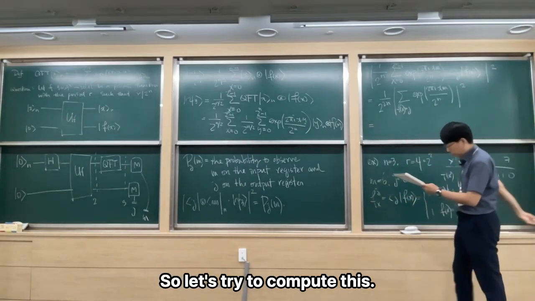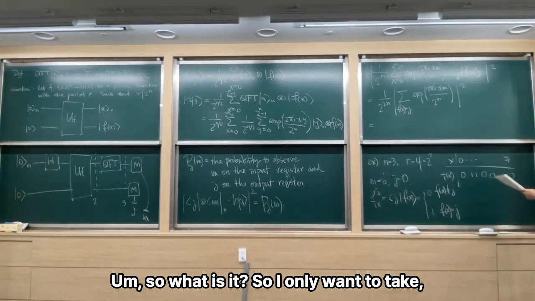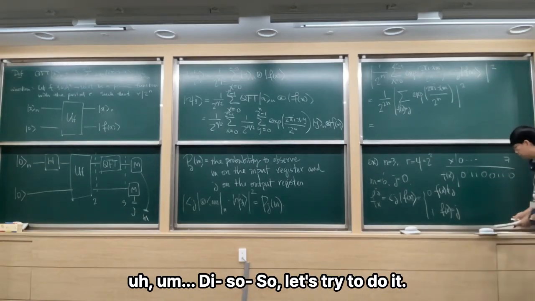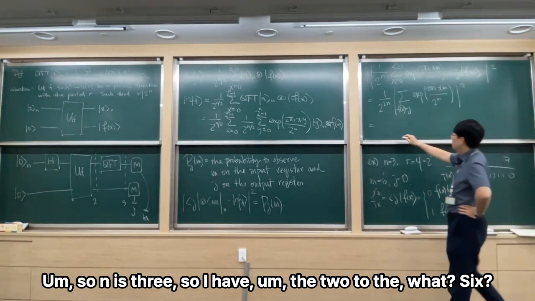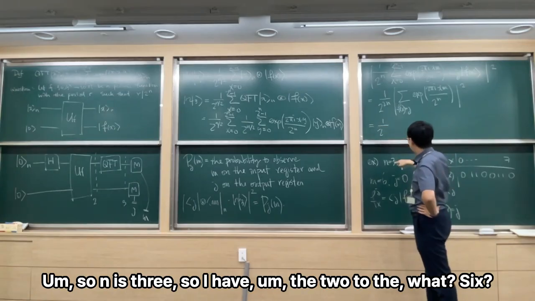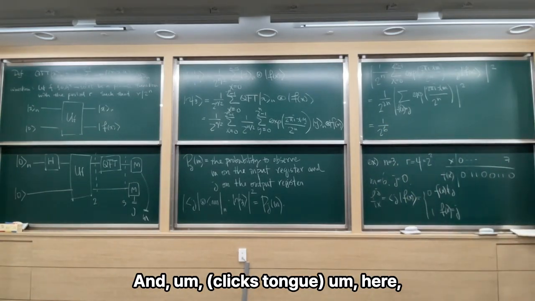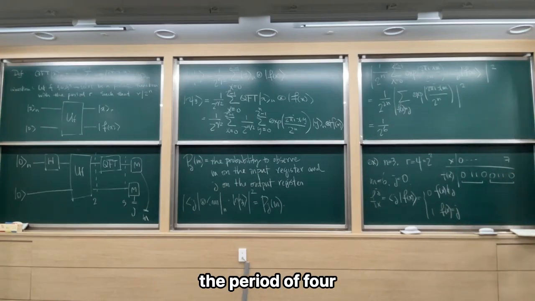So let's try to compute this. I only want to take, so forget about notes, let's try to do it. n is 3, so I have the 2 to the 6, and here I have the period of 4.